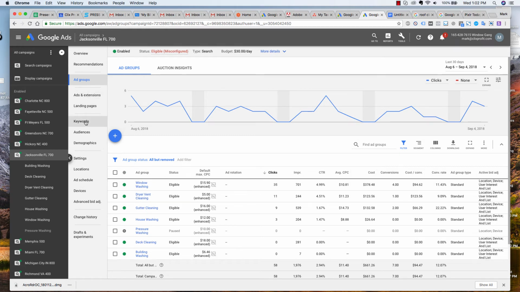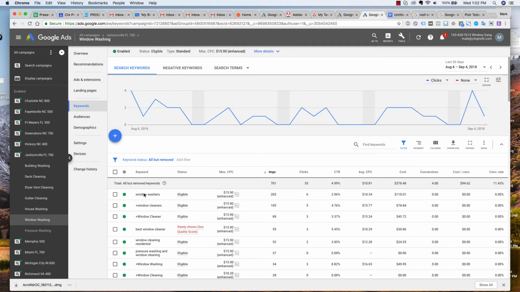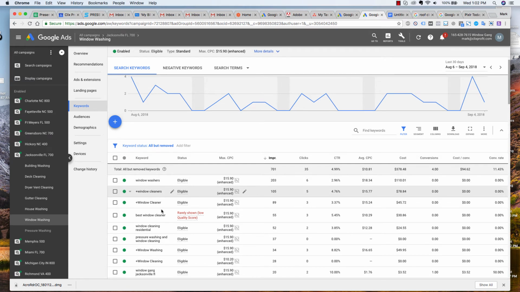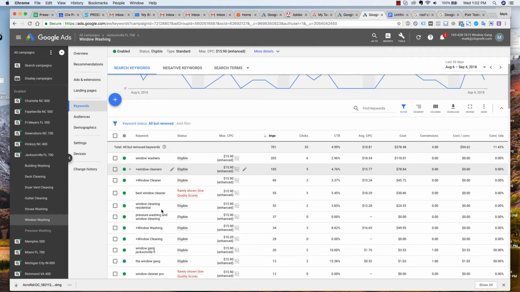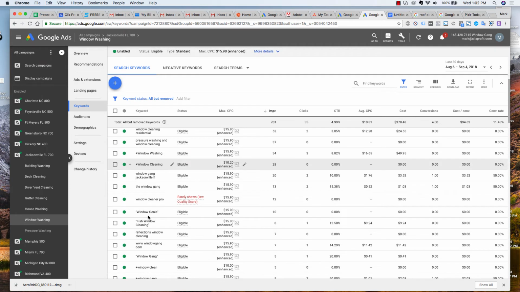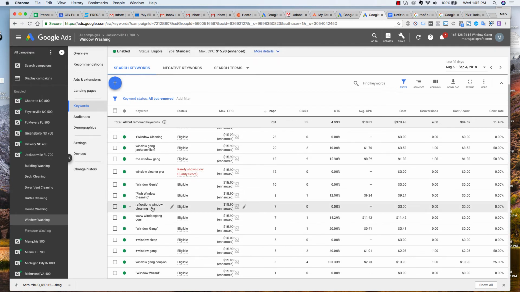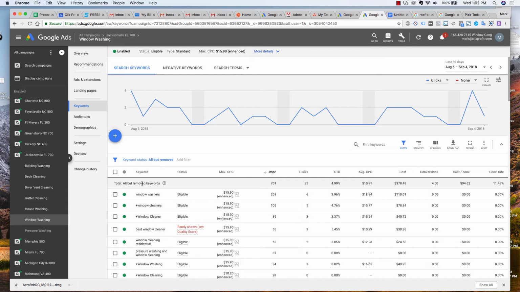Okay? So let's click in one of these and you're going to notice it drops down and shows you the actual keywords. Okay, so let's look at window washing. Let's click on that. These are this campaign's actual keywords right here. And we can actually see the ads that these keywords trigger.